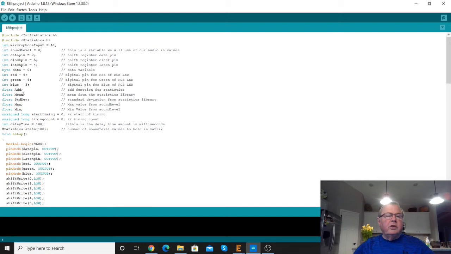And we've got some floats here that handle our statistics, which is an addition float, a mean, a standard deviation, a max, and a min. We're assigning those all as floats. And then we've got some unsigned longs, which are going to do some timing. We're using the timing to determine if a new song is playing or if there's a pause between songs, so we can restart the statistics on a new song.